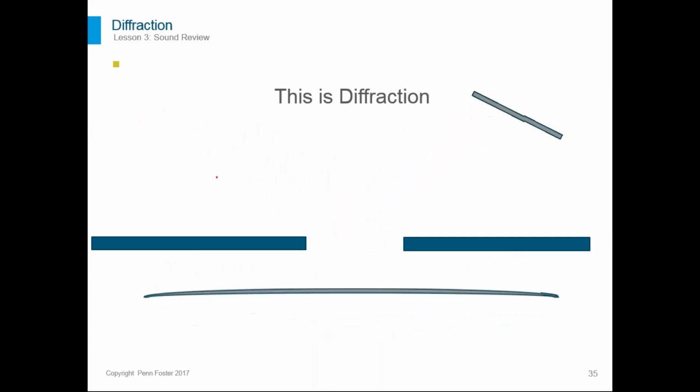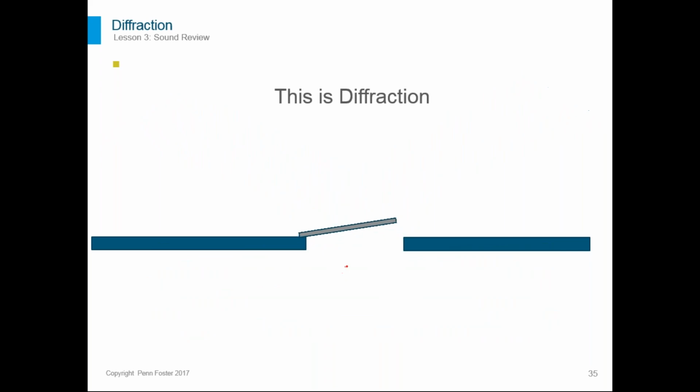Okay, so if someone's standing here and they're speaking, and somebody is all the way over here, even though the sound was only able to get through this tiny area right here, it spreads out as it gets around that gap, and so somebody standing over here will still be able to hear them because the sound waves will go off in that direction.